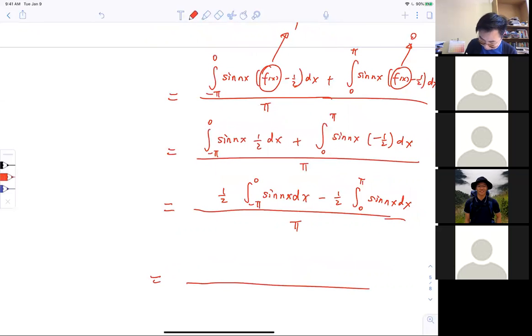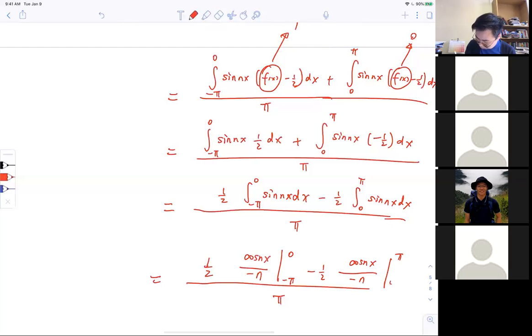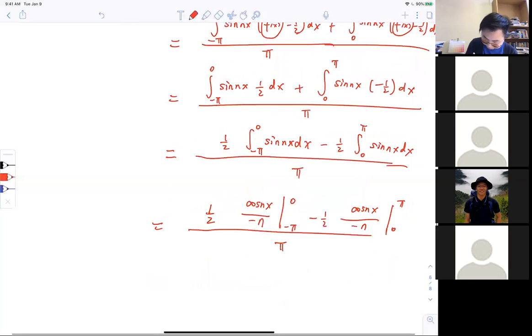which is, what's this? It's minus 1/n cosine nx from 0. This is minus 1/n cosine nx from pi to 0, right?